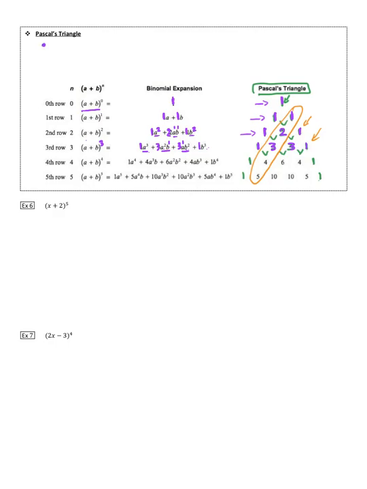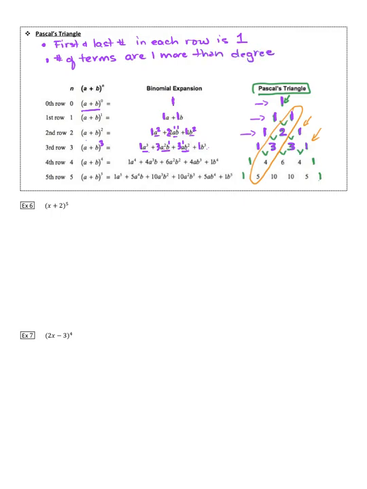So a couple things to notice. The first and last number in each row is 1. That's the coefficient. So those are the ones on the outside. The number of terms that you will have are 1 more than the degree, which is helpful when you are mapping it out.